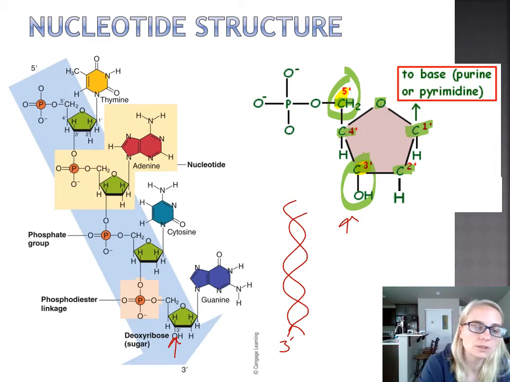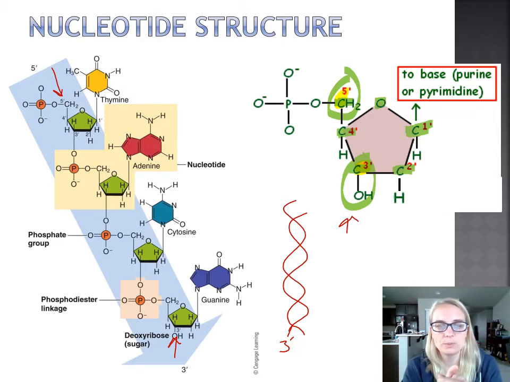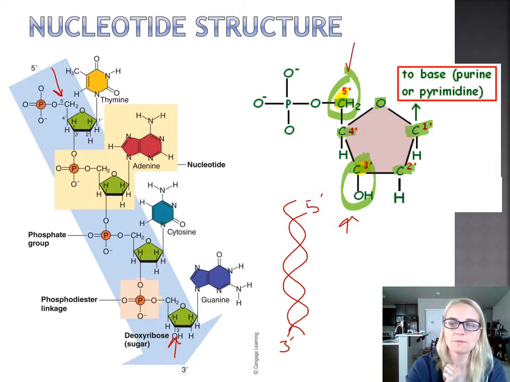Then if we go up to the top, right here, that's where the phosphate group is bound to that 5' carbon. This would be our 5' end. You're going to see that a lot, especially when we get into replication, because the position of the 3' and the 5' carbon is really important to how the enzymes actually do DNA replication.